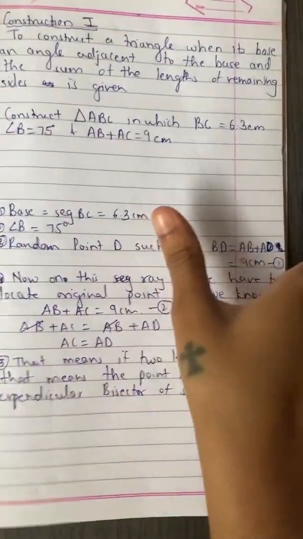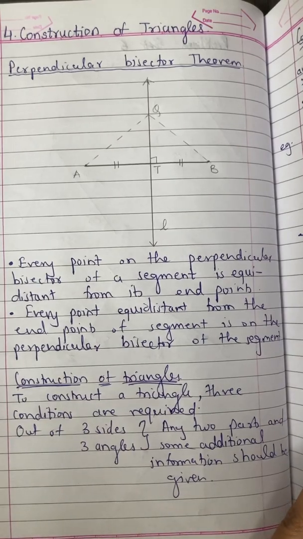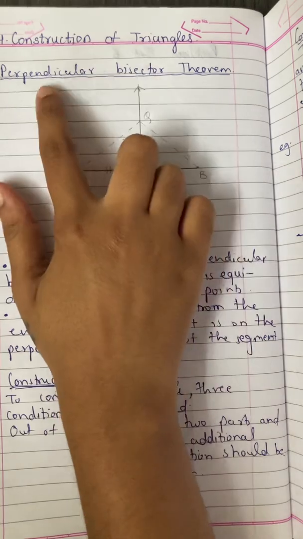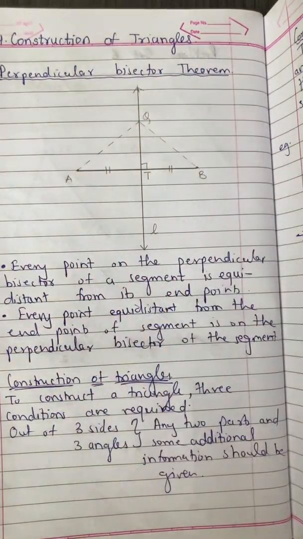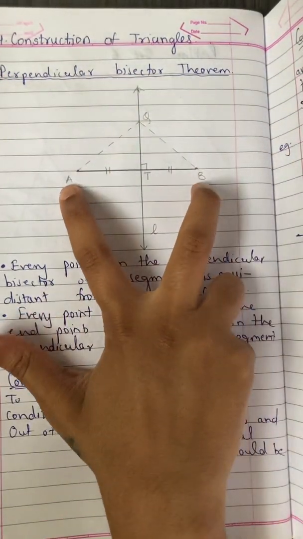All right, moving forward, one property we are going to use in construction is one we have studied recently, and everybody should remember it: the perpendicular bisector theorem. Now what is it? Forget the 2 dotted lines for now and consider only segment AB.